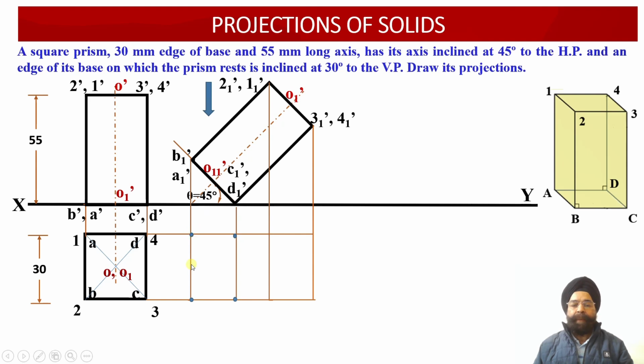So we can see we have marked the 4 points corresponding to the base of the square prism. So here we have the base of the square prism. Now let us check what are these 4 points.